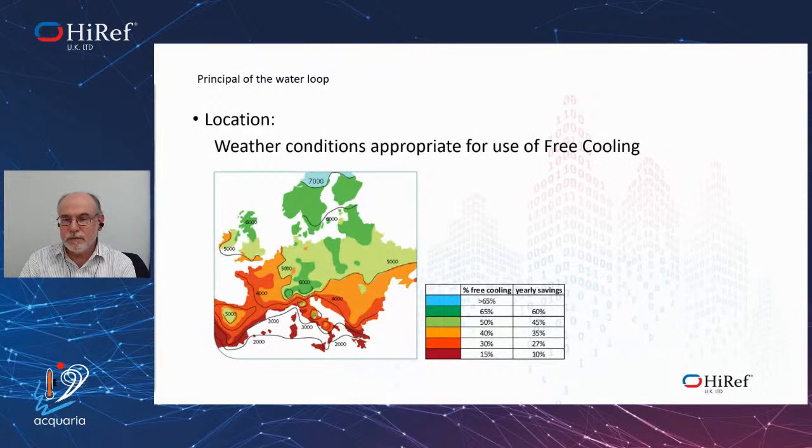Now, the other side of this is if you have a heat pump, and the reason why Tricoolers were used to begin with was because the weather conditions enabled us to have free cooling.